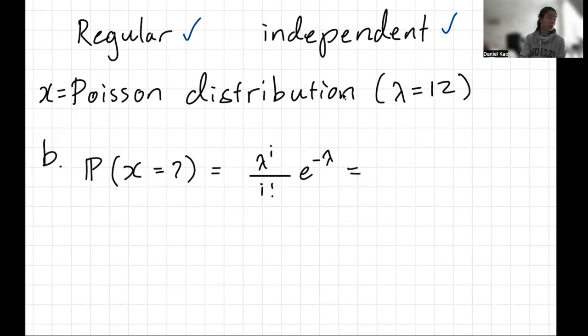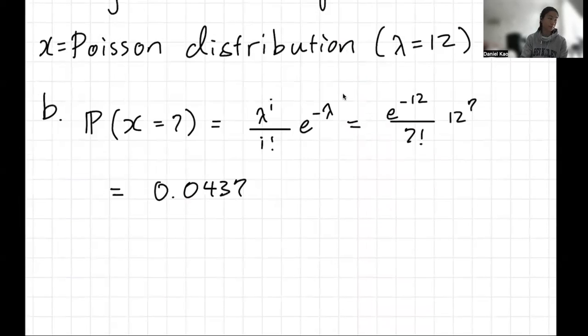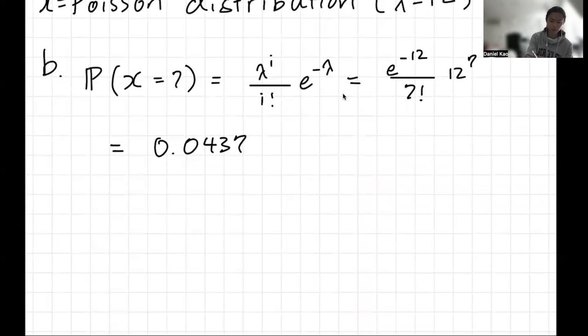So plugging in 7, we have e to the negative 12 over 7 factorial times 12 to the 7th. And this is the answer, and it comes out to be 0.0437.